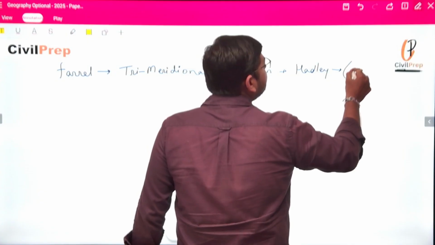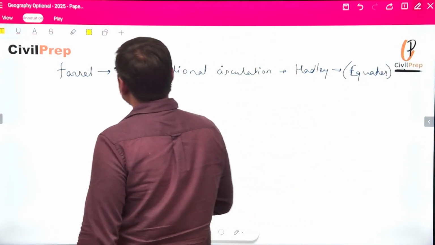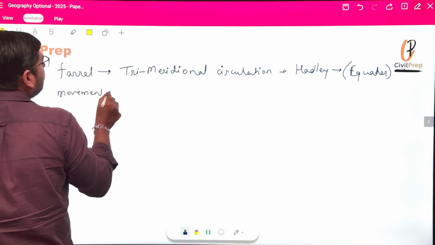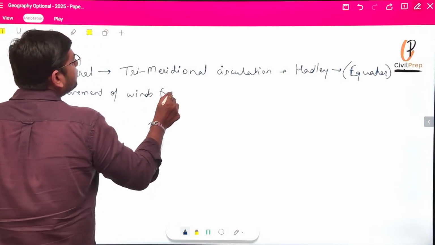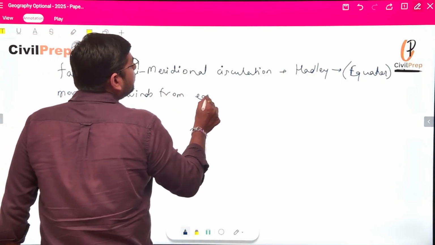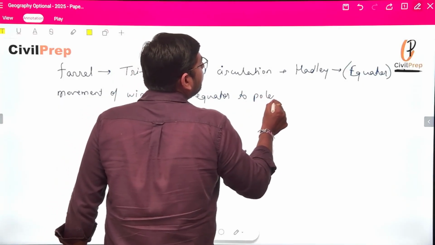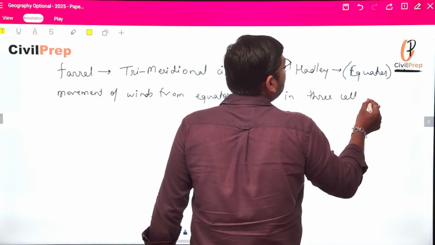That is, what is happening towards the region of the equator and the movement of winds from the equator to the poles in three-cell form.